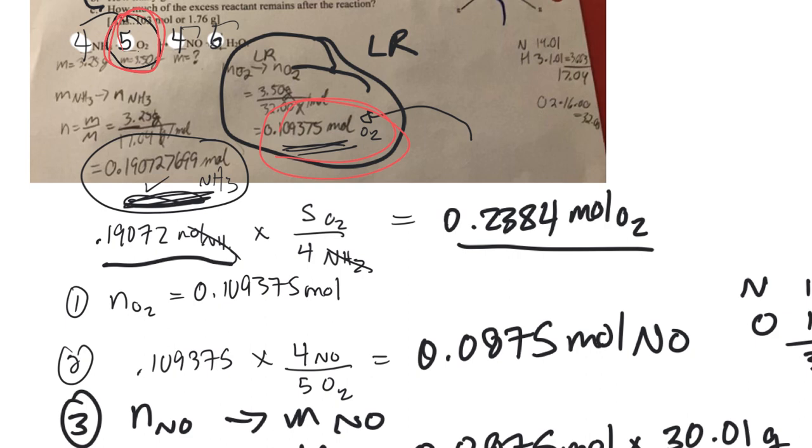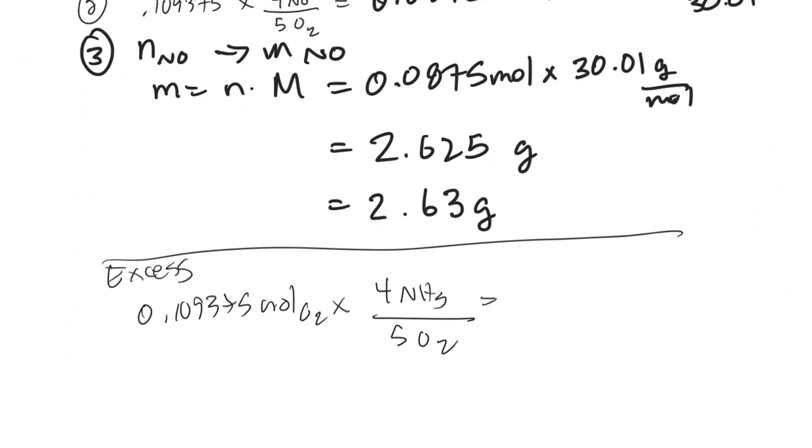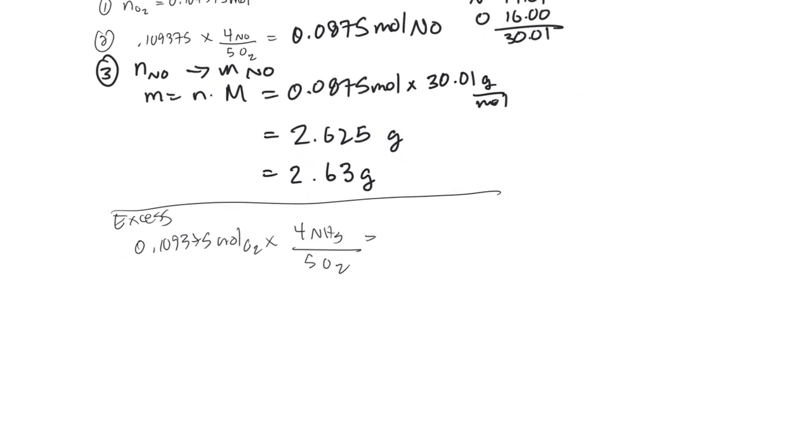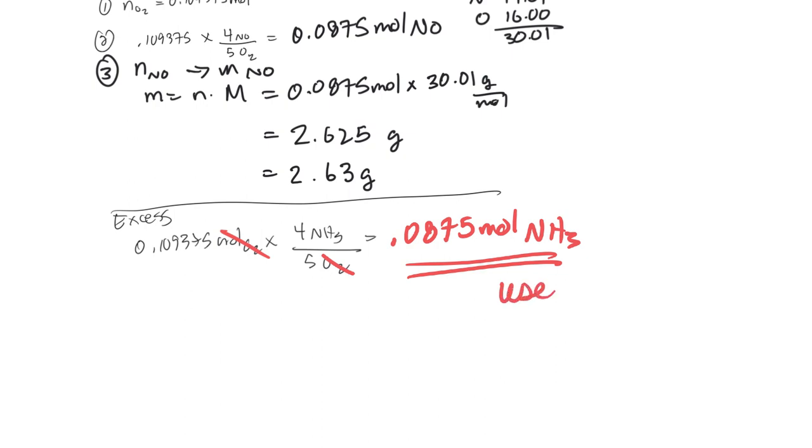So I have to multiply it by 4, what I'm looking for, divided by 5. Okay, let me do that. So when I do that for the excess, I get 0.0875. Oh, that's the same as the one I had up there. But this one is for ammonia. Okay, so that's how much ammonia gets used.